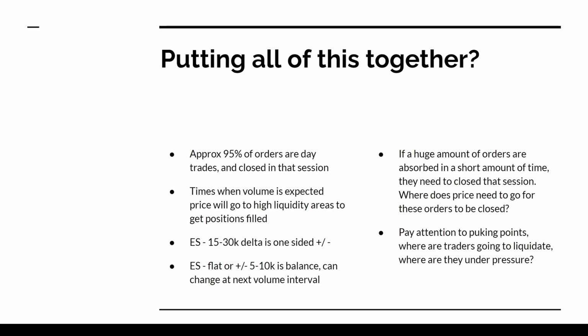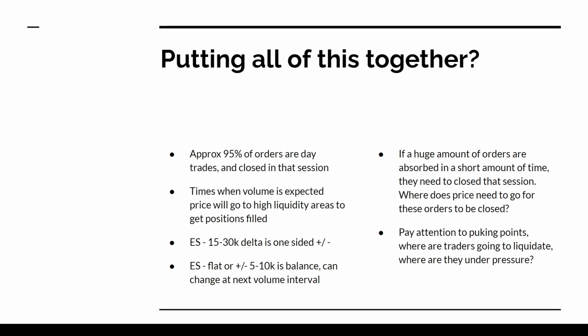And if price doesn't react to that delta, all of that buying or selling is then under pressure. They need to start recovering, and you need to use this very much like an elastic band. If a huge amount of orders are coming in such a short space of time, they need to be closed in that session.